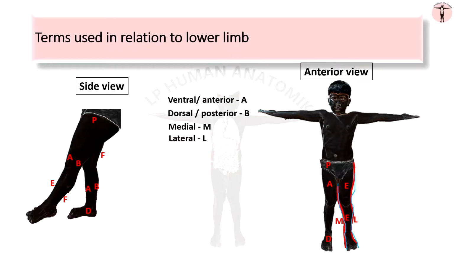So when we compare the structures in the side view here, we are seeing the lateral side in one leg and the medial side in the other leg. Here we are seeing the lateral side of the leg, because we are viewing it from the little toe.